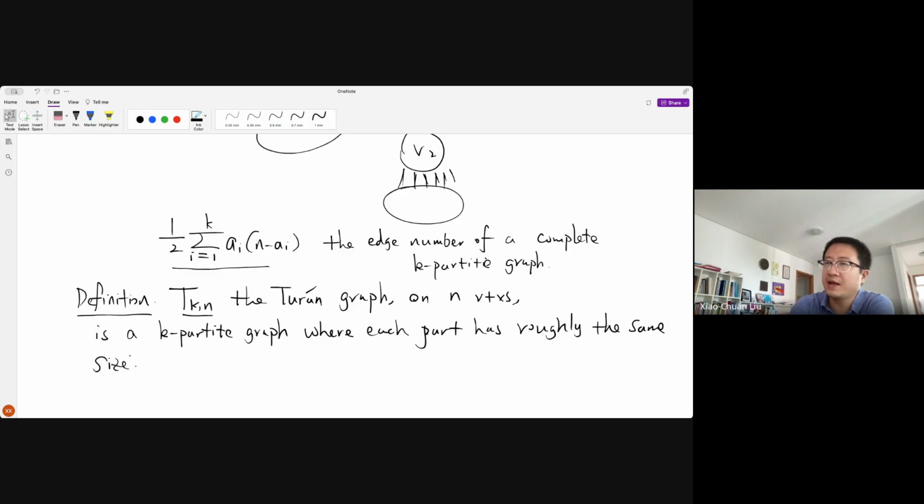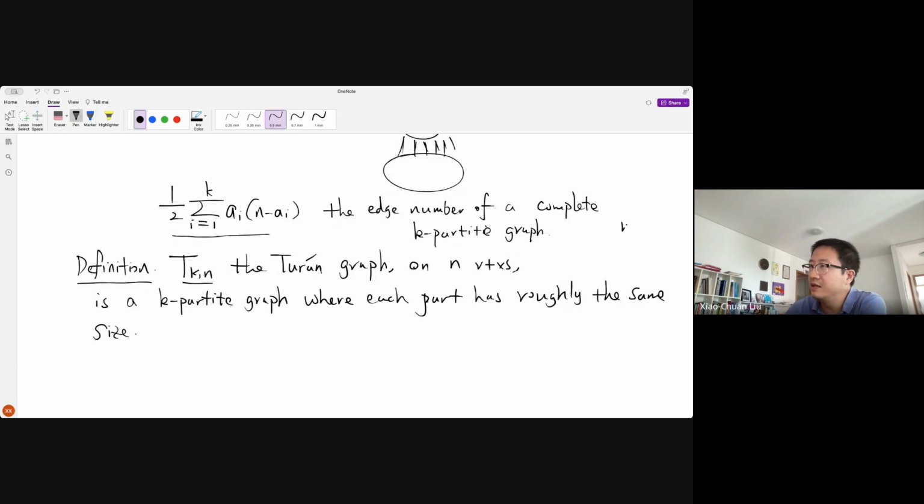This really depends on whether n is divisible by k. Maybe not, and that's why I say roughly. So probably some of the parts have size floor of n over k, and some of the parts have size ceiling of n over k.